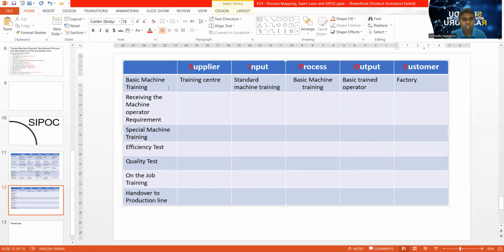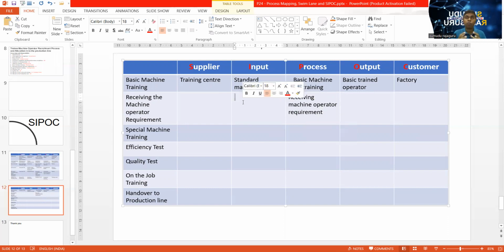Then receiving the machine operator requirement. What is the input? Machine operator requirement form, because that requirement comes from the IE department through the standard format. So I just put machine operator requirement form.